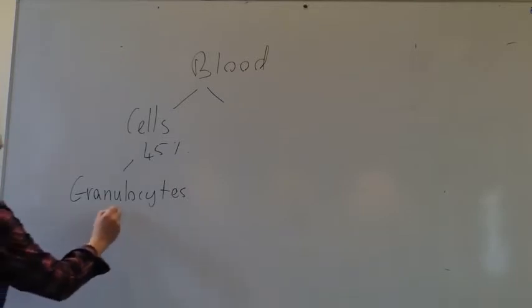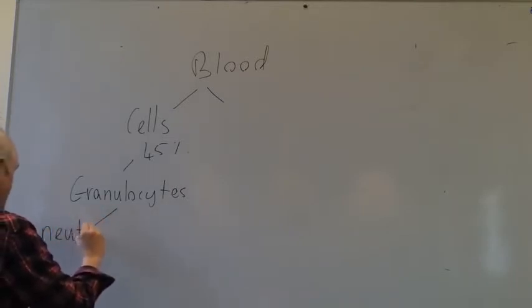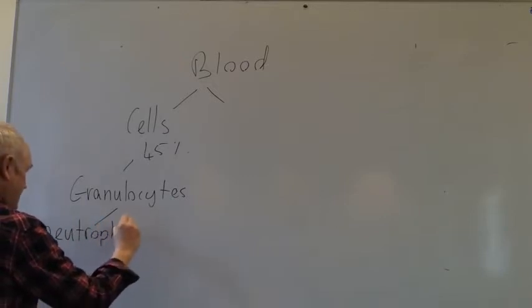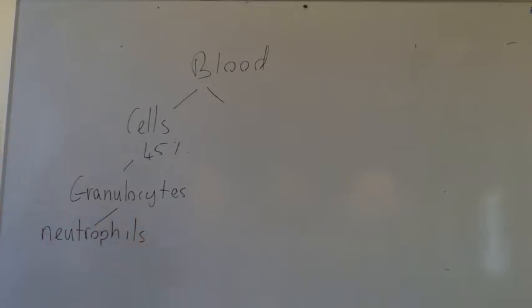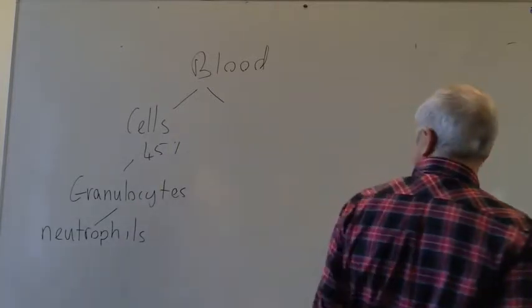And the most abundant form of the granulocytes is the neutrophils. Neutrophils. These are actually the most common type of cell in the blood.